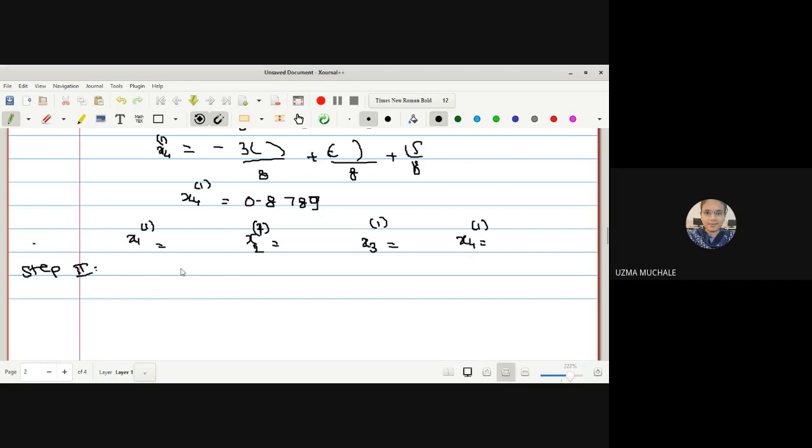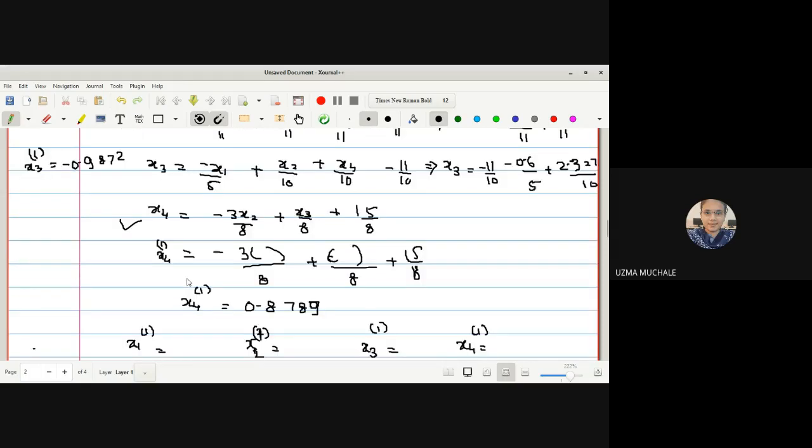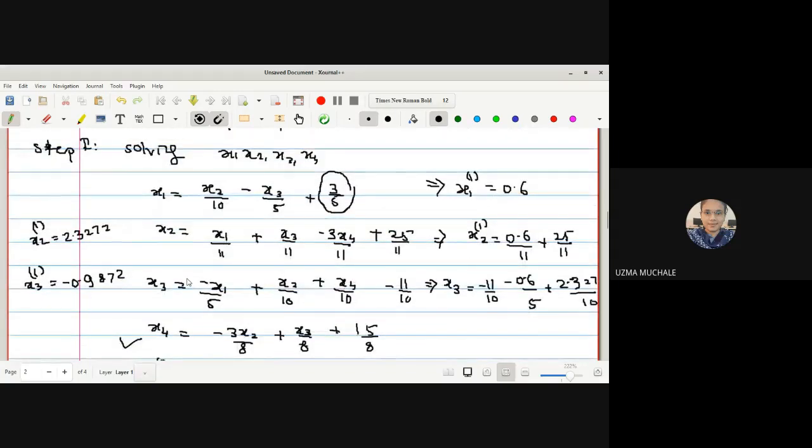That means in the second iteration we have to use again the same equations. But what will be the change here? Instead of the values of x2, we have to write it as x21. Same equations you have to write once again.